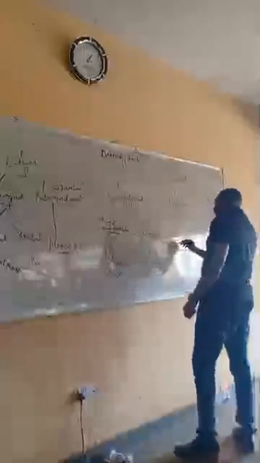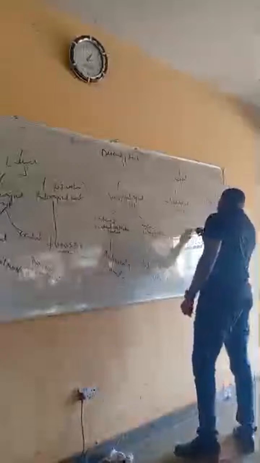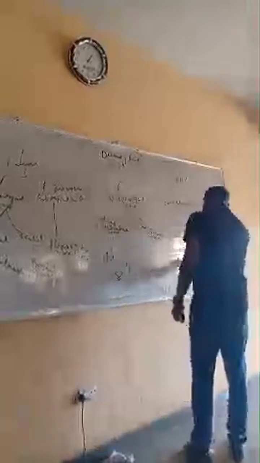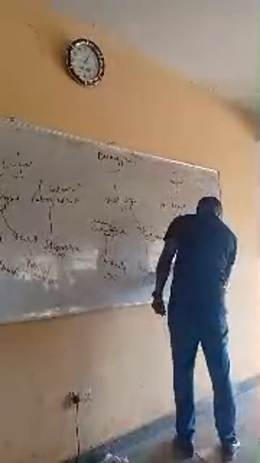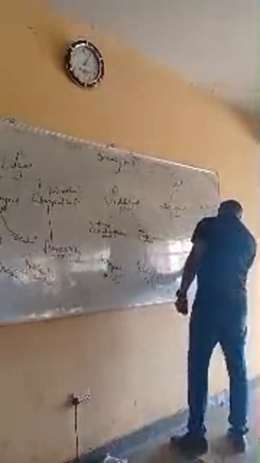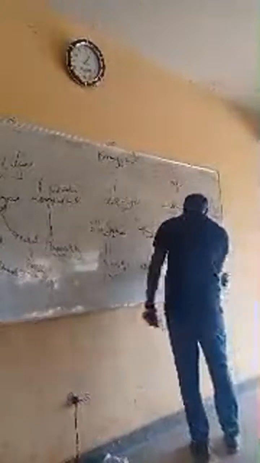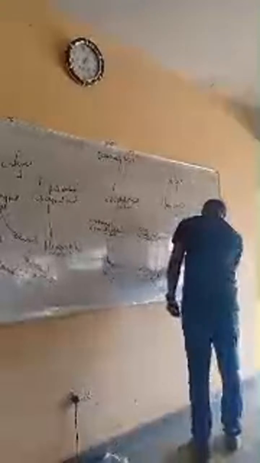Then this other one comprises the pontine and medullary reticulospinal tracts. Are you there? And they actually activate what? Gamma motor neuron. Right? This one actually activates gamma motor neuron. This one inhibits gamma motor neuron.